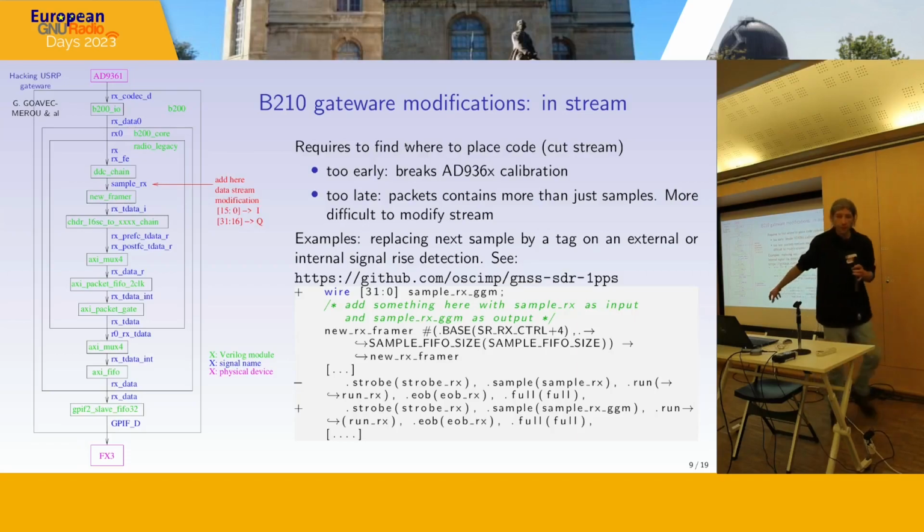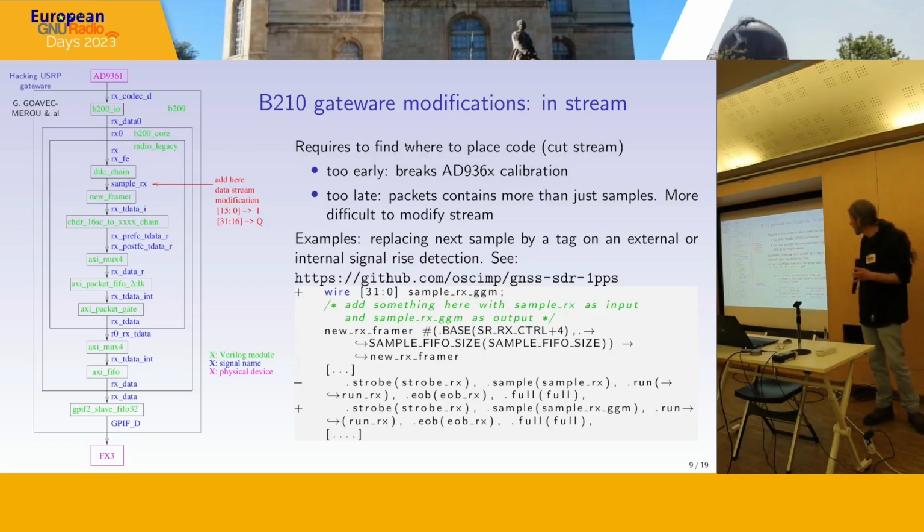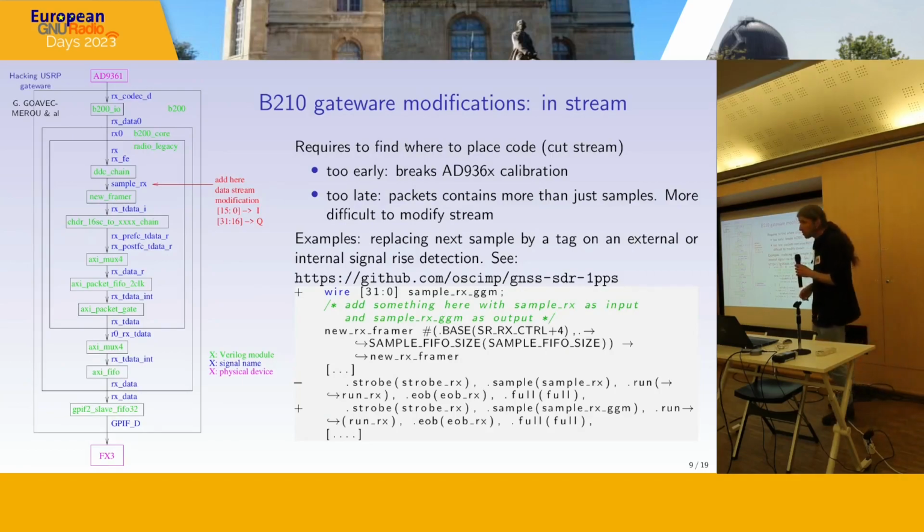Sample RX is the output of the RX DDC chain, the input of the new framer. So you replace this with your specific wire signal, and the RX sample is connected to the input of your code, and the new wire is used as the output of your code and the input of the next block. Finally, it's really easy.